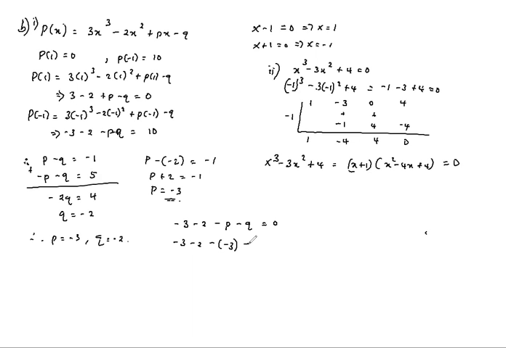P is -3. Then what is Q? -2. So what are we getting in this here?